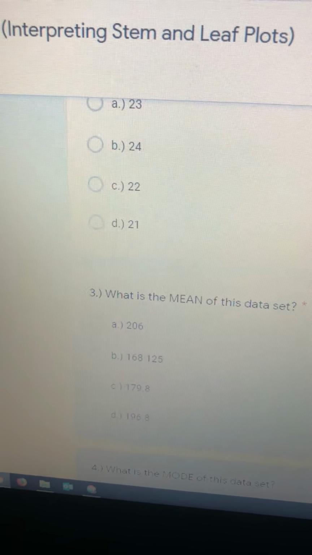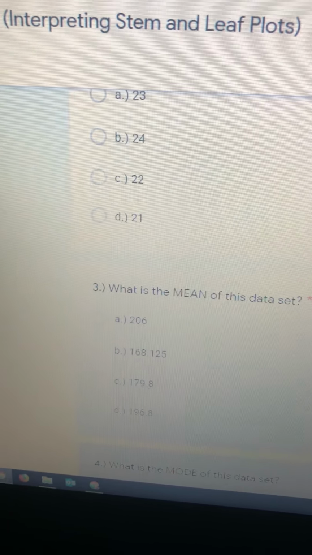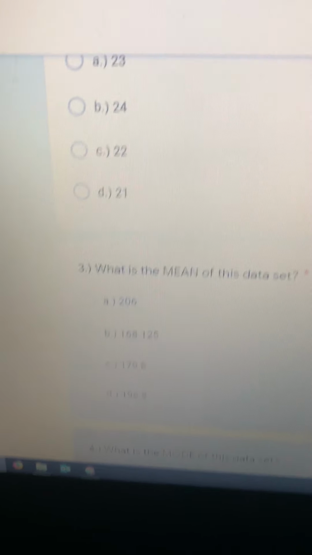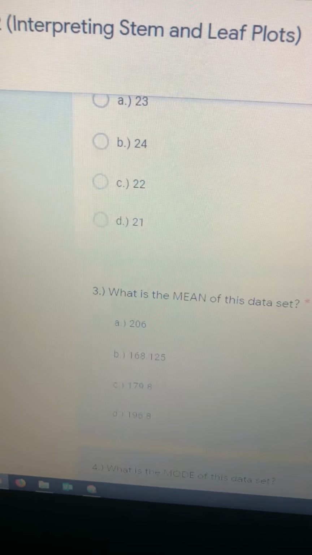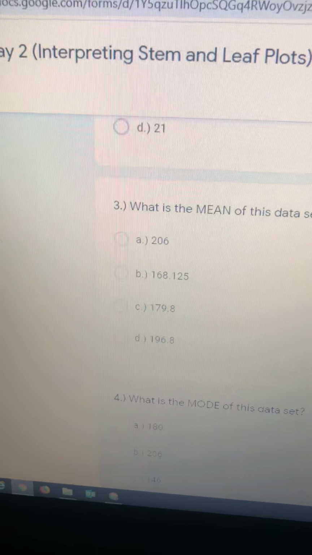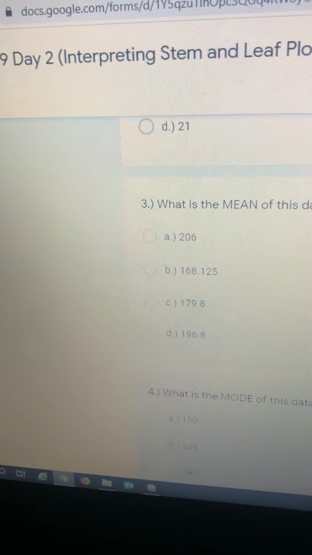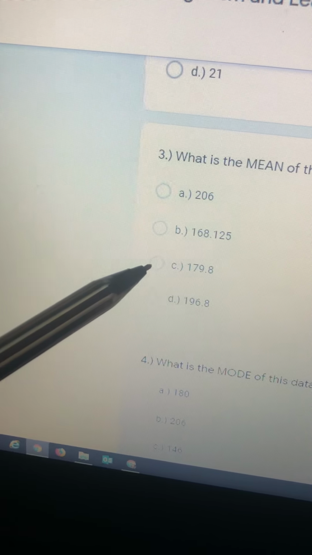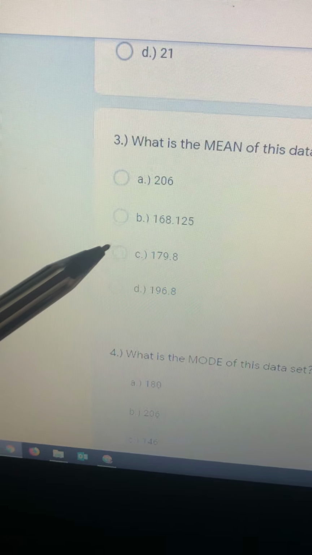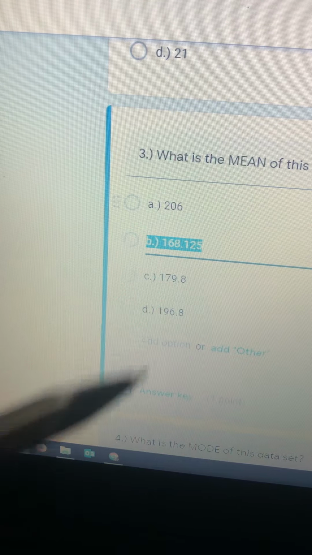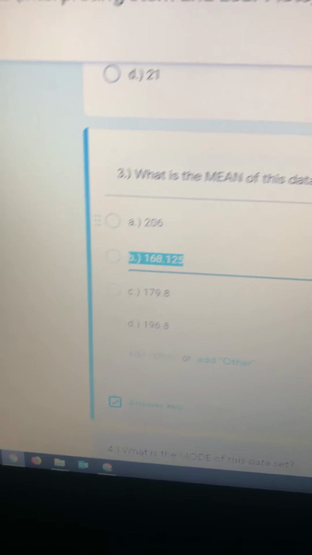So you add them up and divide by 22, and you should get one of these answers, A, B, C, or D. After you do that, you should get letter C. So you have to add them all up and then divide by 22. That's how you find the mean, the average.